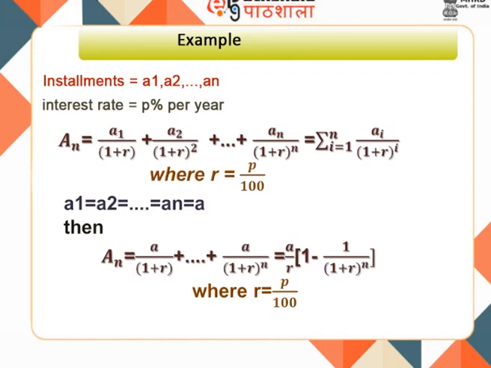When the annual payments are equal, that is a1 = a2 = and so on = an = A, then we have A/(1+r) + and so on + A/(1+r)^n = A/r × (1 − 1/(1+r)^n), where r = p/100.